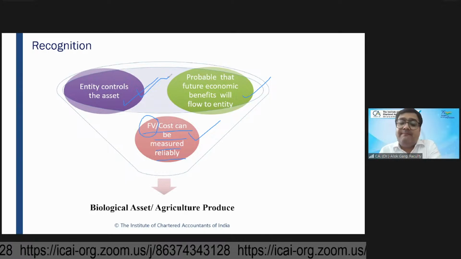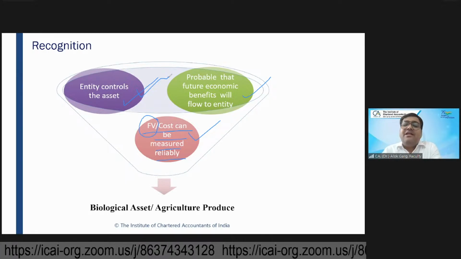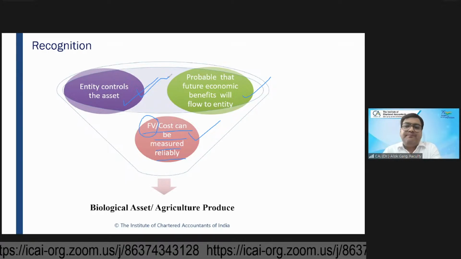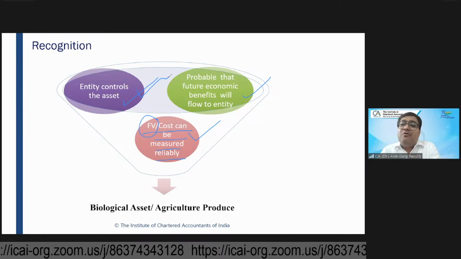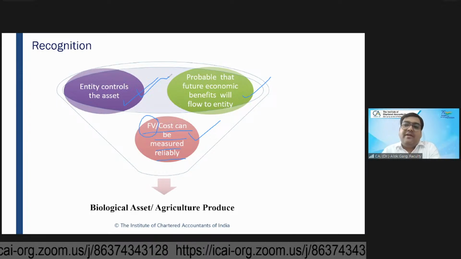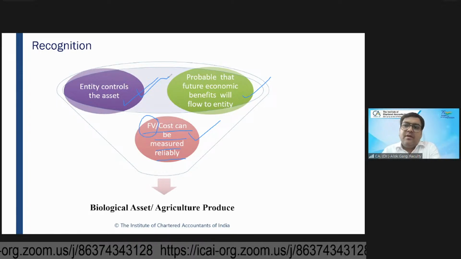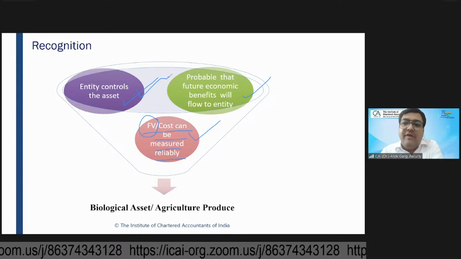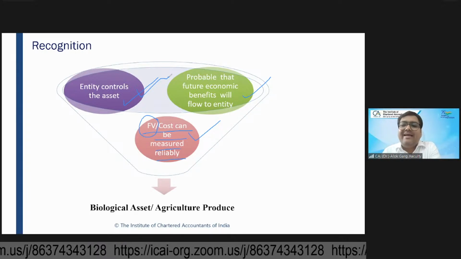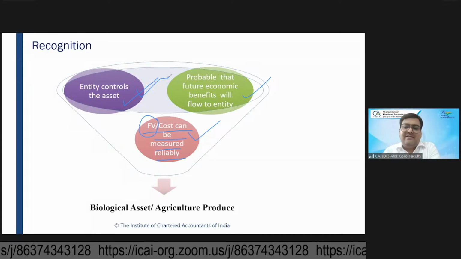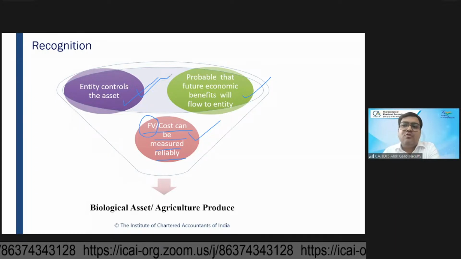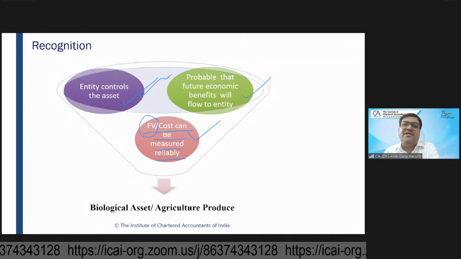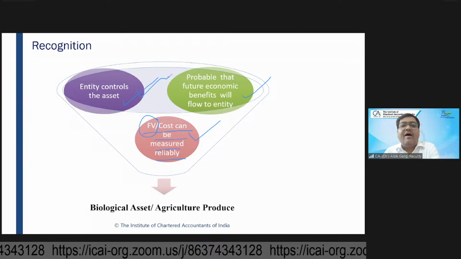The second one is agriculture produce, let's say the mangoes lying on the mango tree. Till the time you are not plucking the mangoes, will you recognize the agriculture produce in your balance sheet? Answer is no. Why?